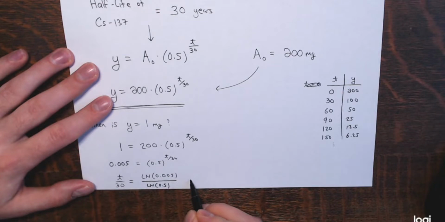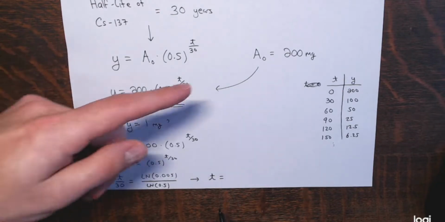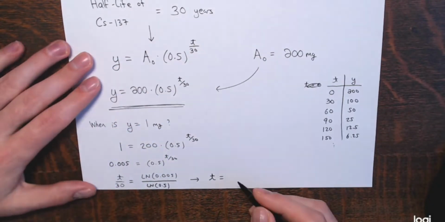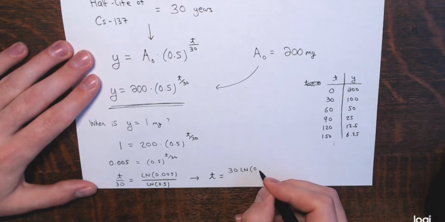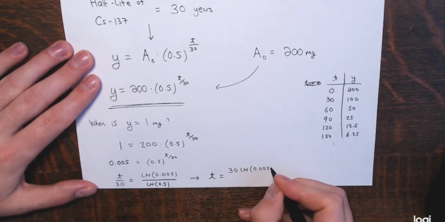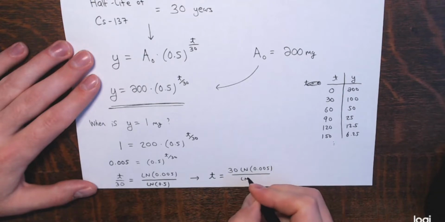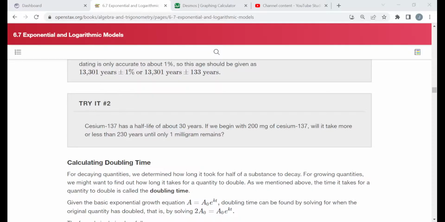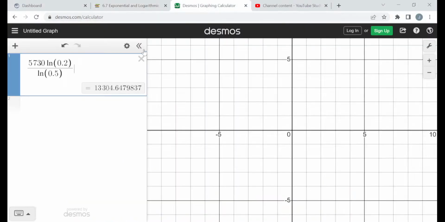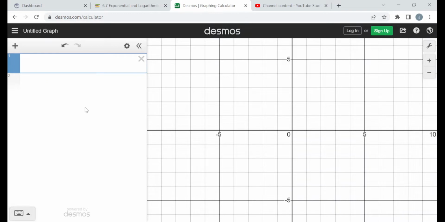So t, the amount of time it takes for this 200 milligrams to decay to 1 milligram, would be 30 times the natural log of 1/200th, or 5 thousandths, divided by the natural log of a half. We'll round this to 1/10 of a year or something. Back on the calculator. In the numerator, I have 30 times the natural log of 1/200th, divided by the natural log of a half.